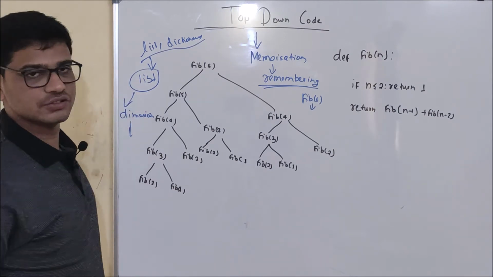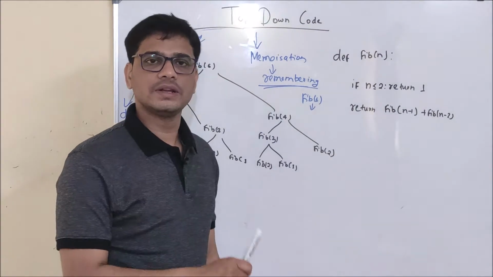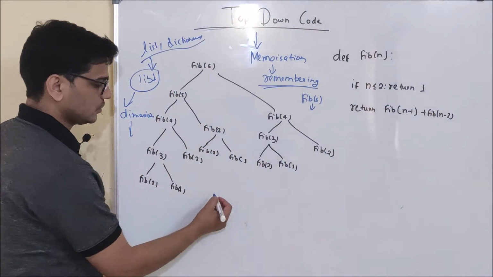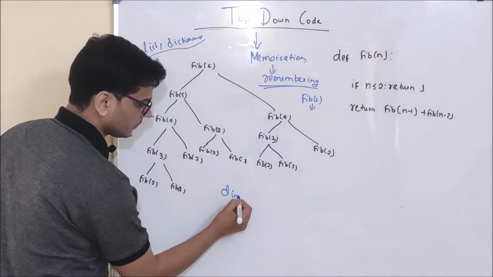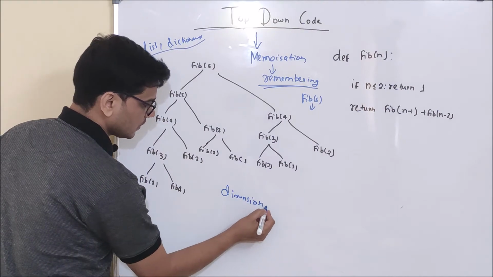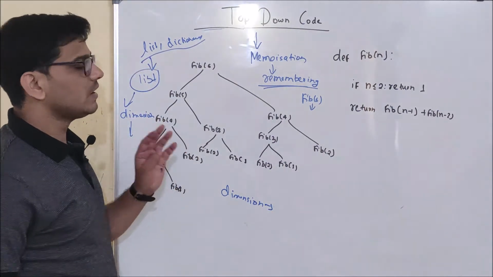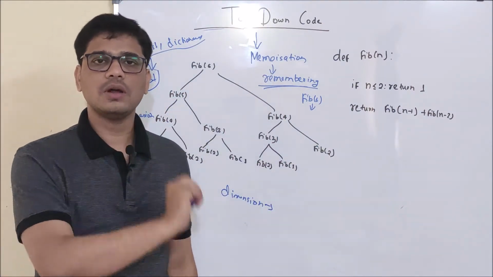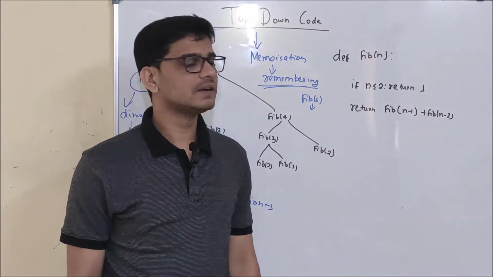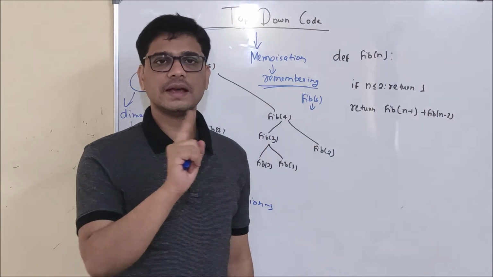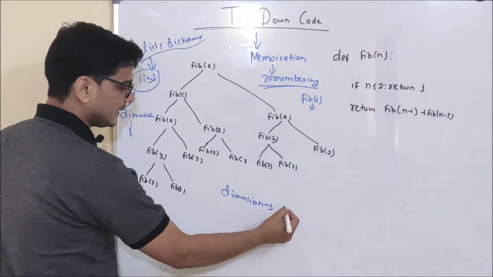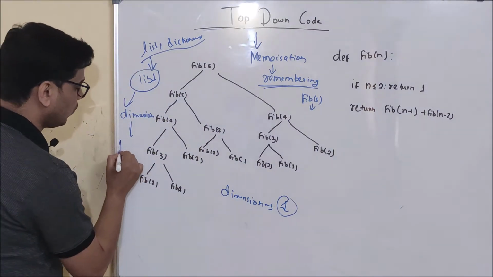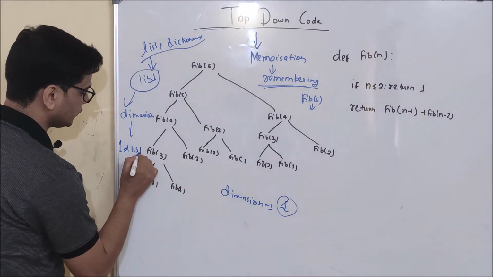We take the help of the recursion tree. How many variables do we have in this function? We have only one variable, n. So the dimension will be 1, that is, it will be a 1D list.